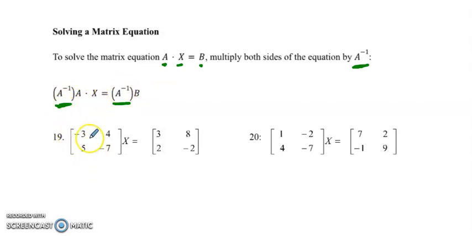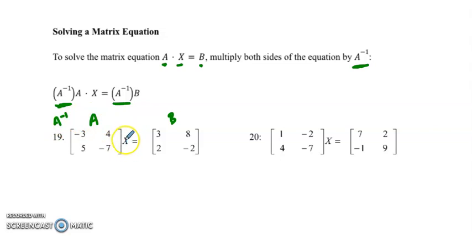So if I do that, this is my matrix A right here, this is my matrix X that I'm solving for, and this is my matrix B. What I want to do is multiply by A inverse on both sides. Now, A inverse times A we know is the identity matrix.